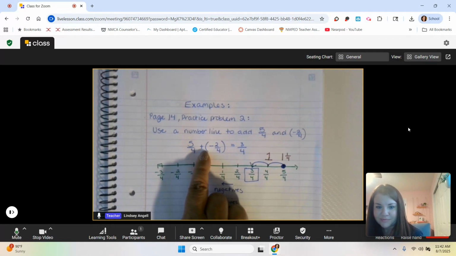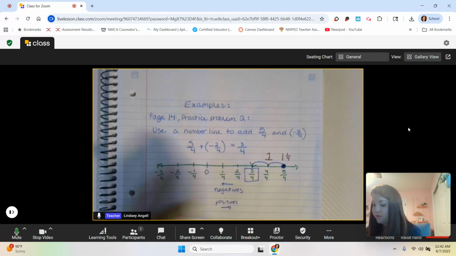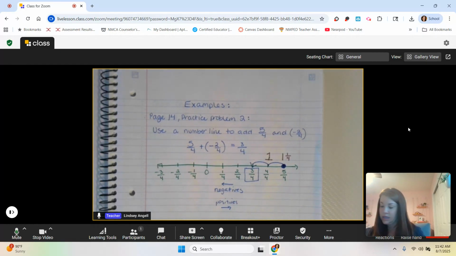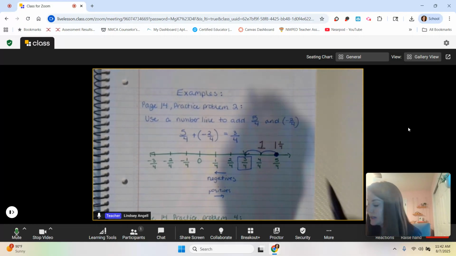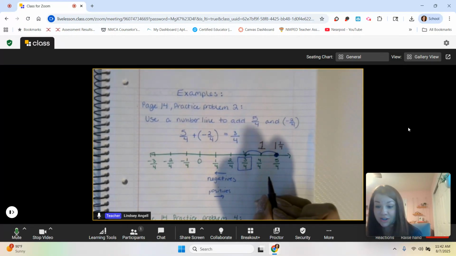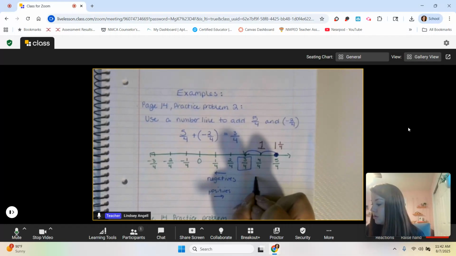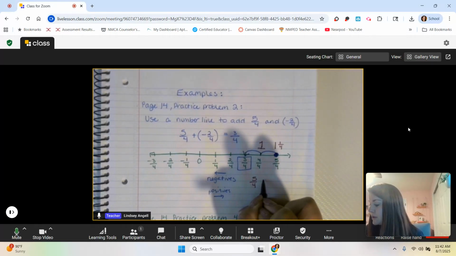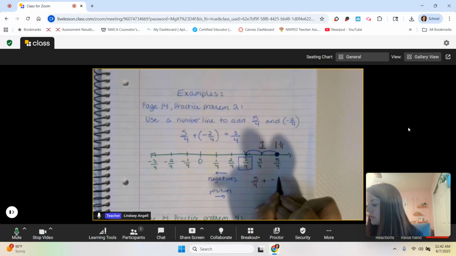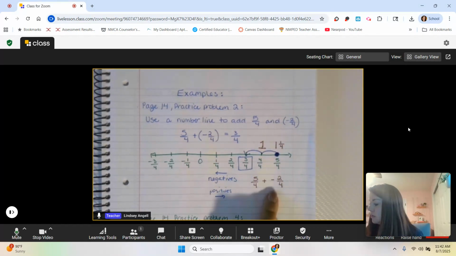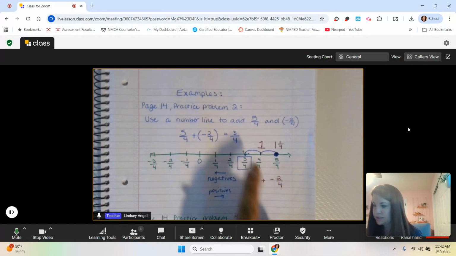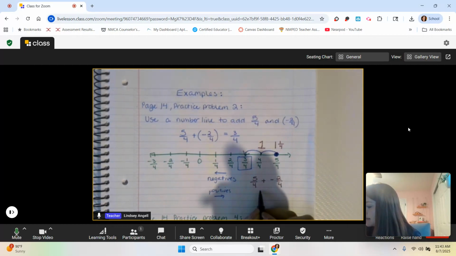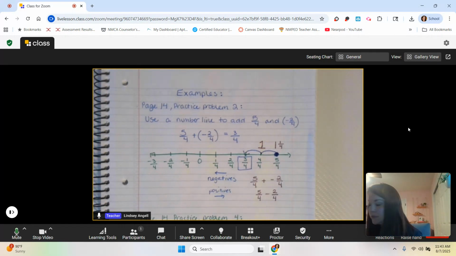So another way I could have written this, I'm going to write it down here, and then I promise we'll move on to the next one. But it's all such good information. So we could say we have 5/4 plus -2/4. Well, what we just did, really what we did was we subtracted 2/4, right? So really we could rewrite this as 5/4 minus 2/4.